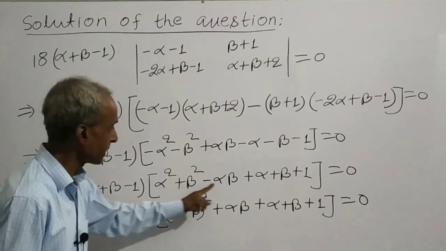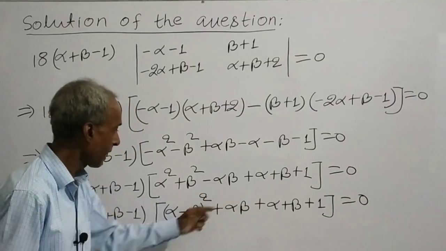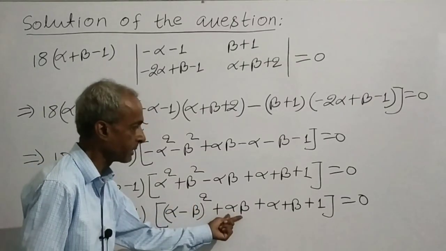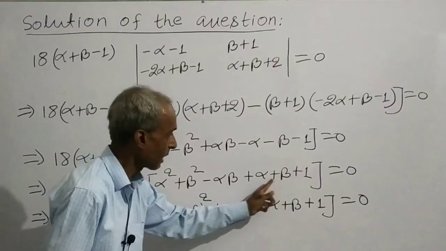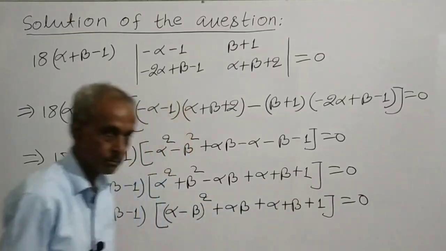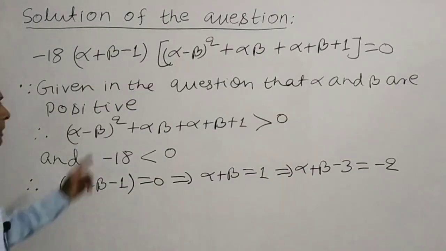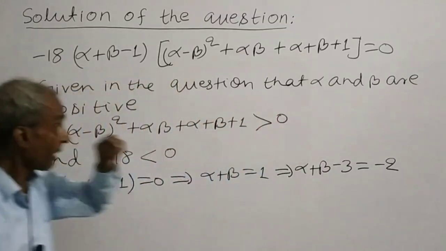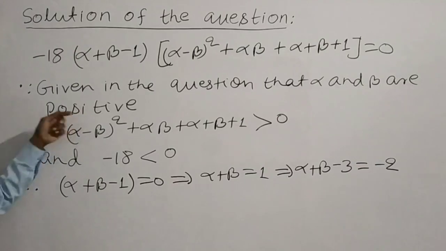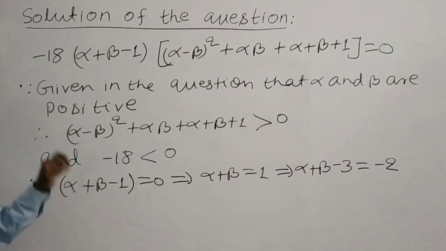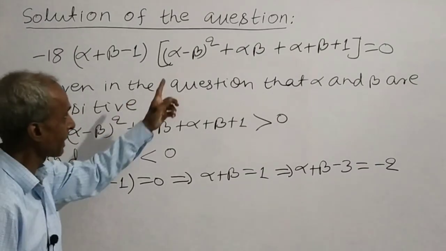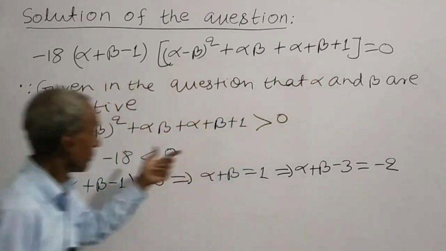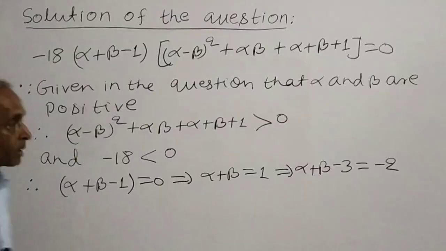Alpha square plus beta square minus alpha beta can be written as alpha minus beta whole square plus alpha beta. And after this, alpha plus beta plus 1. It is given in the question that alpha and beta are positive real numbers. If alpha and beta are positive real numbers, then the value of this bracket will be positive.